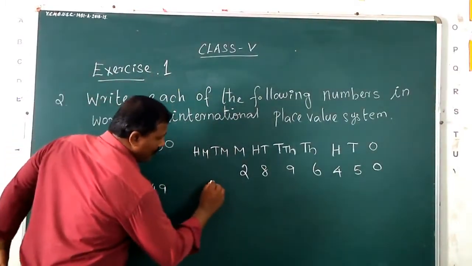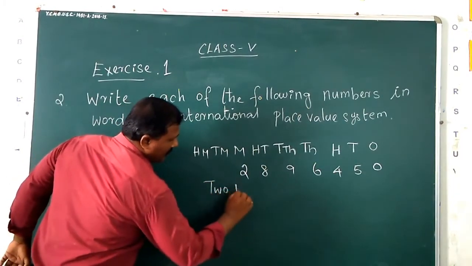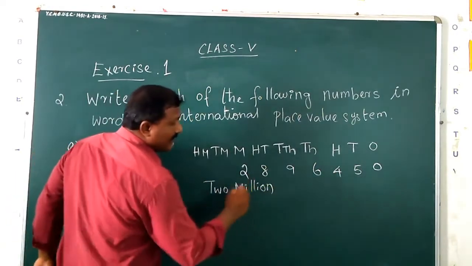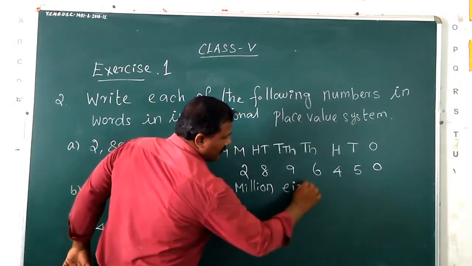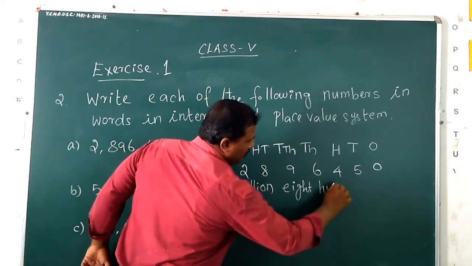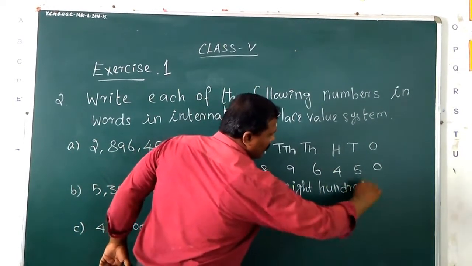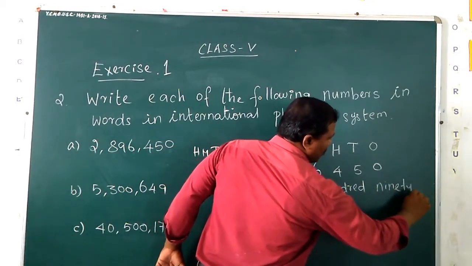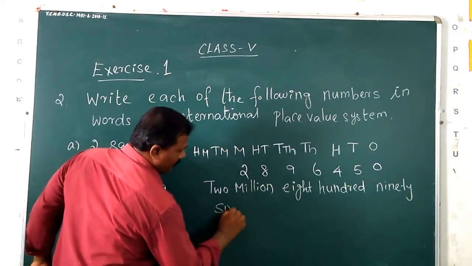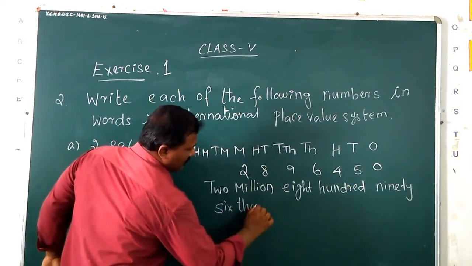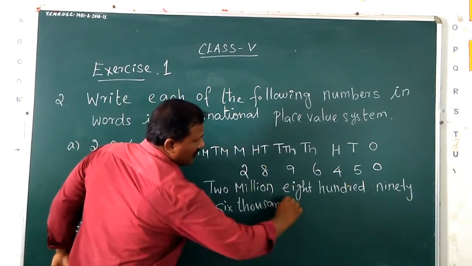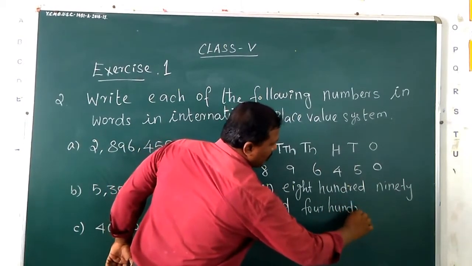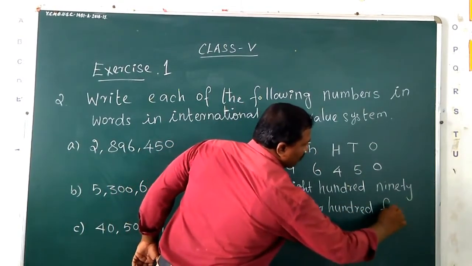I will write here: 2 million, 800, 96,000, 450.